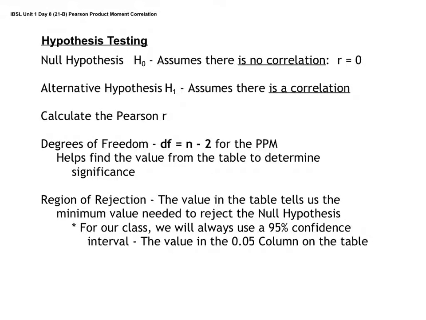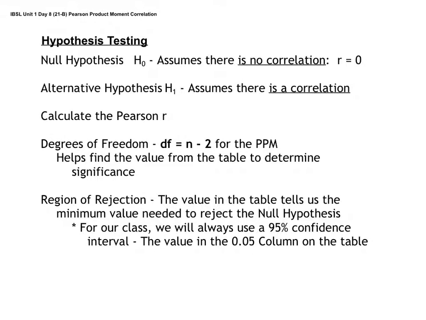The first thing that you need to do is state a null hypothesis. When we are testing for correlation, we are always going to hypothesize, first of all, that there is no correlation. Okay? And you're actually going to write it out that way and say, H sub naught, there is no correlation between this and this. You need to put it in context of the problem.